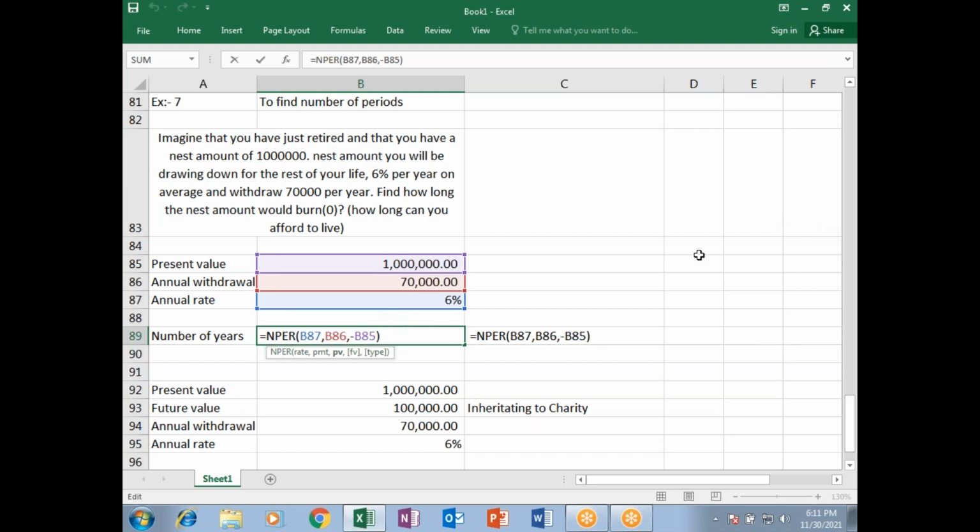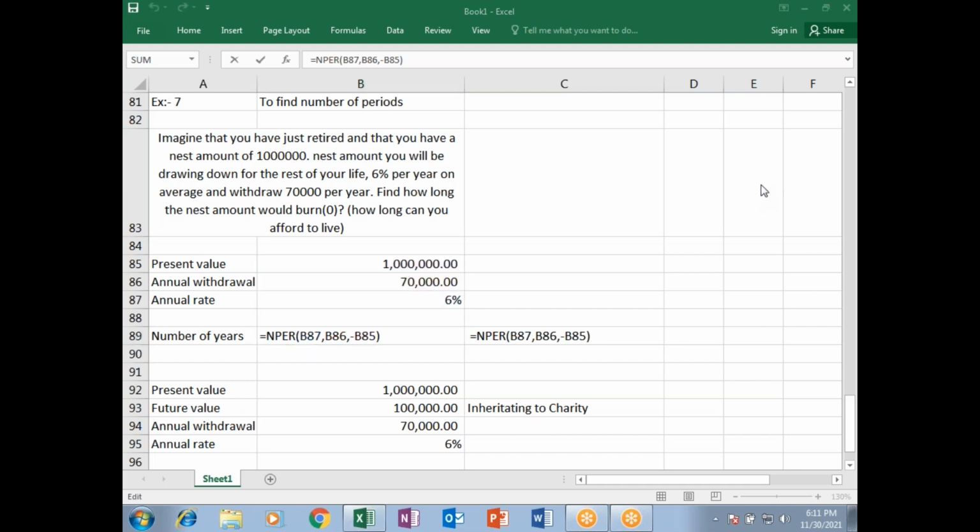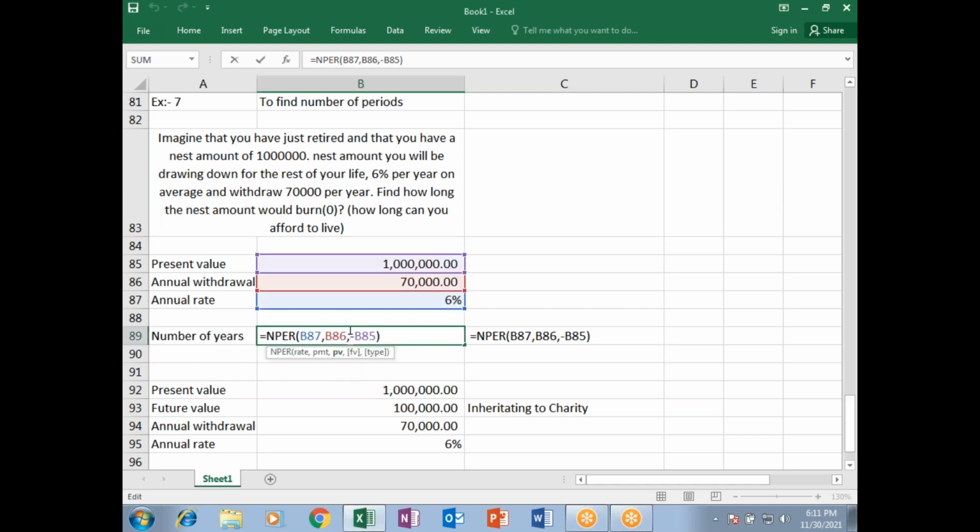Why do you want to give future value 0? See, the syntax: think that I don't have a present value, but I have a future value. Before entering, think that I don't have a present value, but in the next line I need to go for the future value. At that time you give 0 and then you give the future value. Think that I already have a present value, and apart from the present value, I don't have a future value.